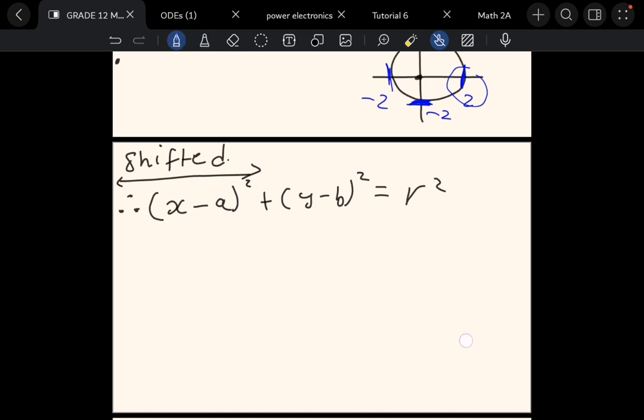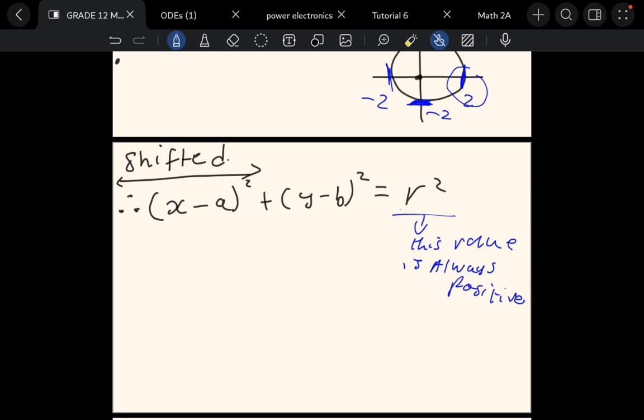It means that this value is also the radius squared. Always take note, this value is always positive. This cannot be negative 25. This is always going to be a positive number.